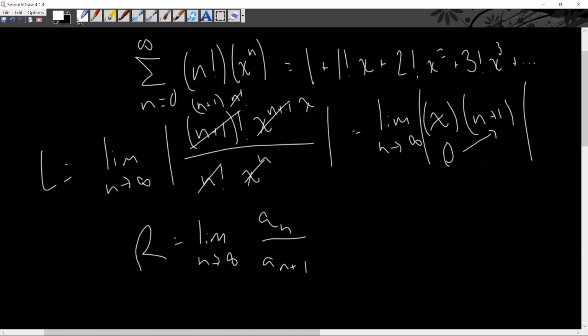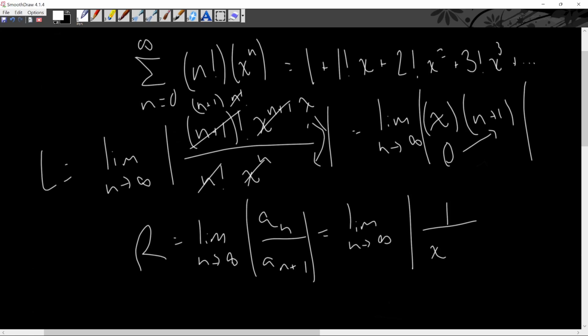So it's just the switched order of what we have. I think it's relatively obvious if we just flip these two, right? So we're still just going to have 1 over x times n plus 1, right? And this limit is, of course, going to be 0, which means that the radius is equal to 0.